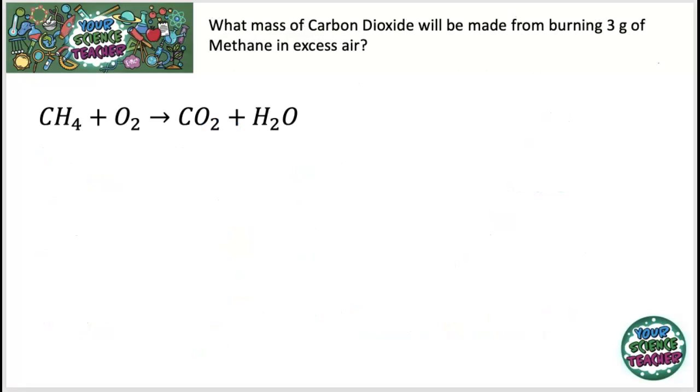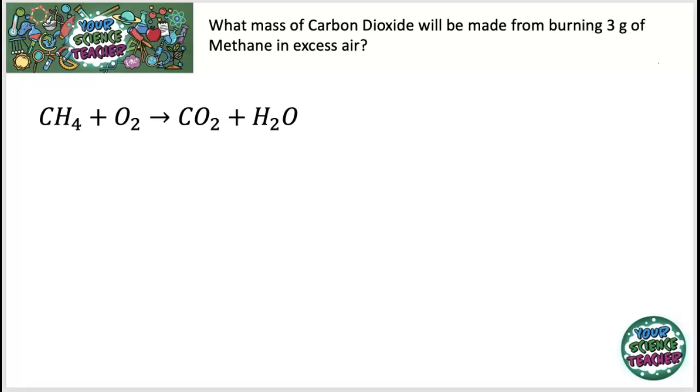As well as balancing equations, I can also use moles to work out what's called theoretical yields from equations. So here it says what mass of carbon dioxide will be made from burning 3 grams of methane in excess air.